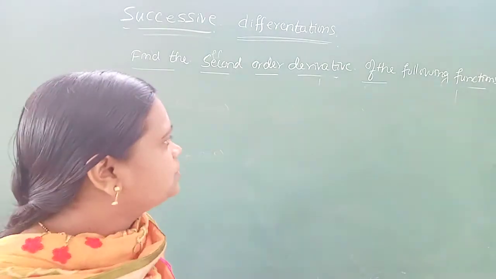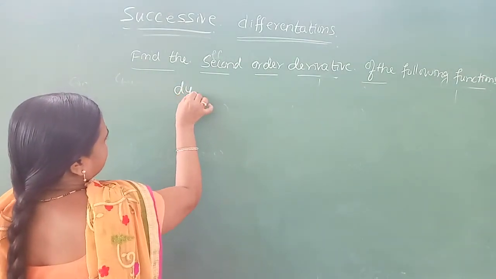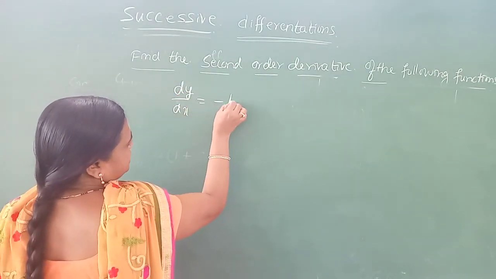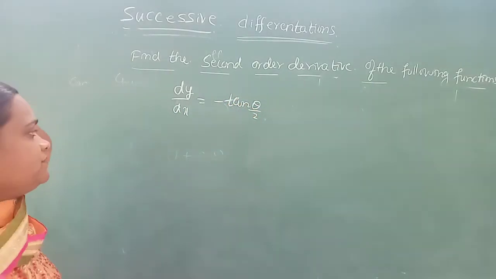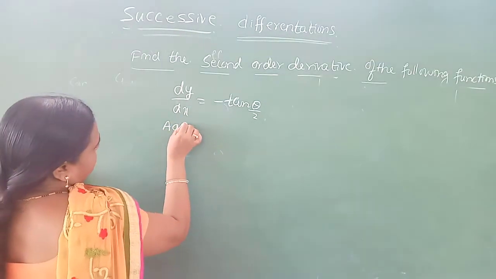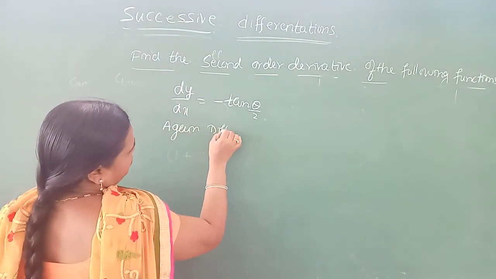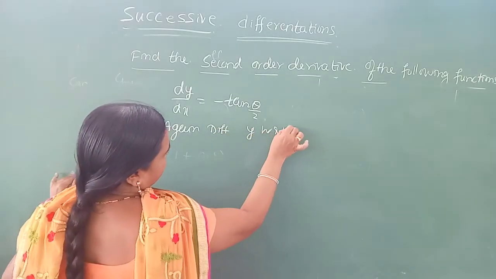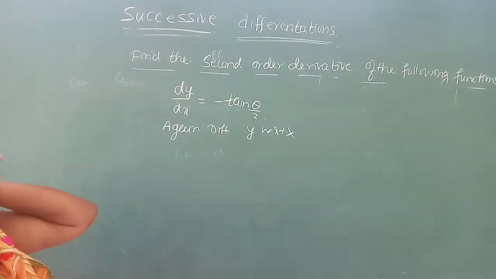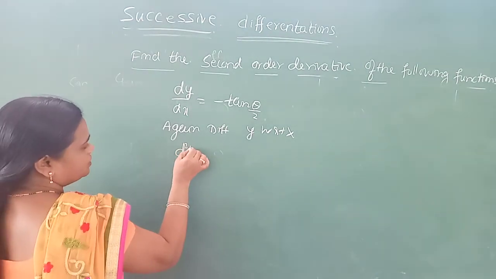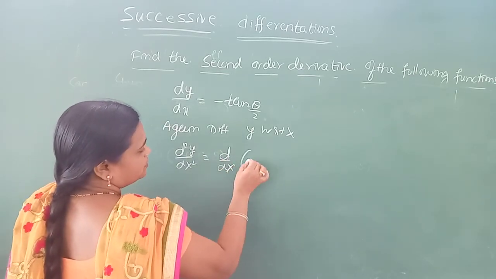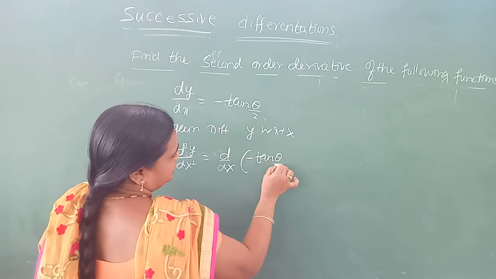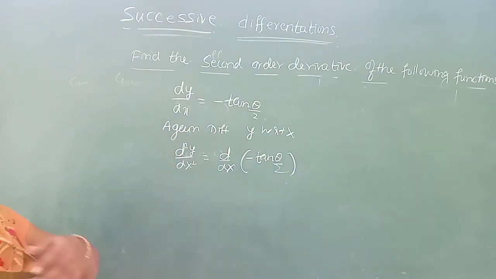Next, see, we calculated dy by dx is minus tan theta by 2. The next step is to do the differentiation again, differentiate with respect to x. Then we get d2y by dx square is d by dx of minus tan theta by 2.